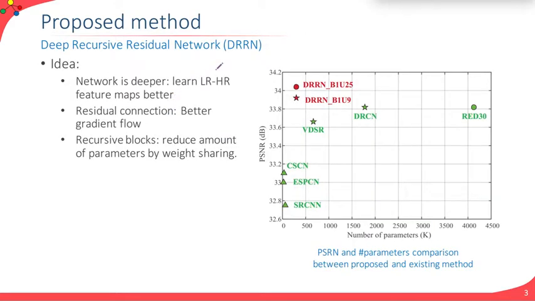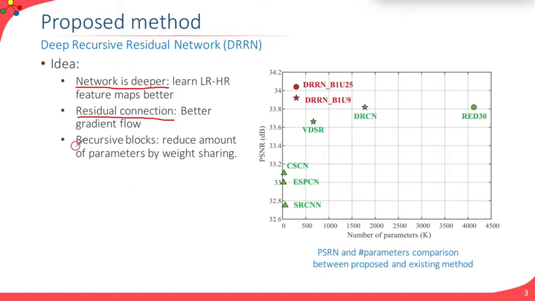The author proposed the DRRN method, which stands for Deep Recursive Residual Network. The main idea of this method is, first, the network is deeper, so it can learn the feature map better. The second one is a residual connection. It will have better gradient flow.